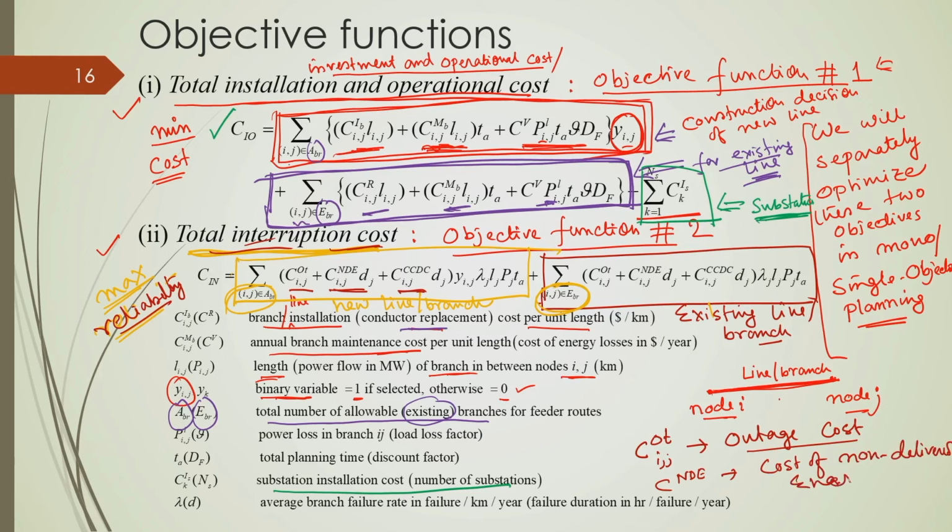In fact, a similar index you have already seen when I taught reliability. Okay. And this third component, CCDC, is the cost of customer damage. So, the first cost component is the cost associated with one interruption.